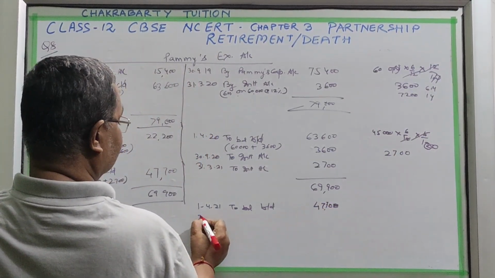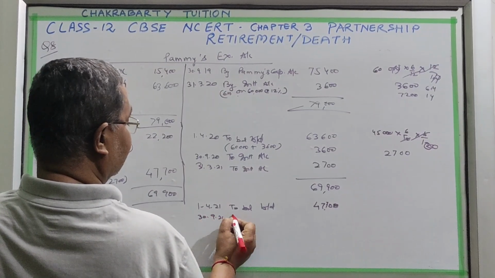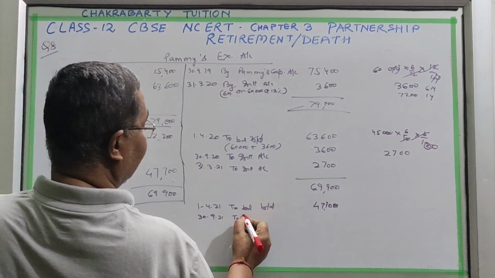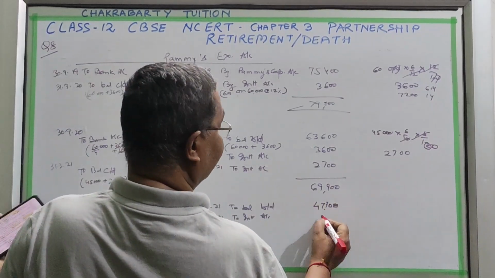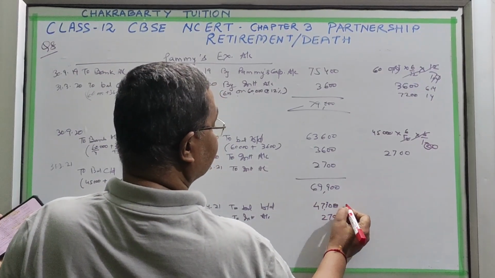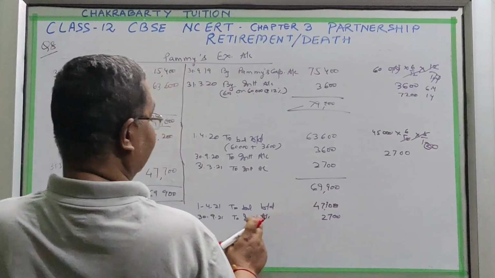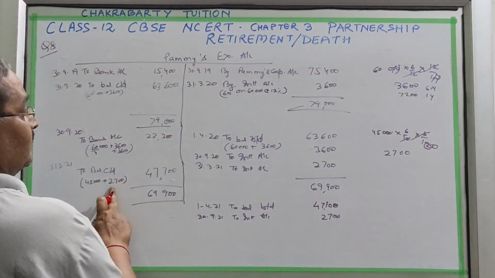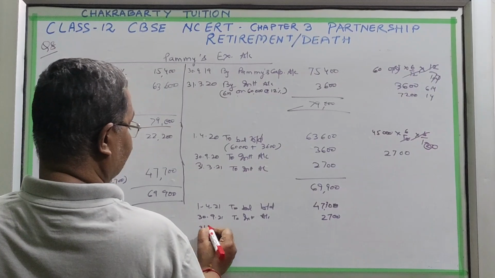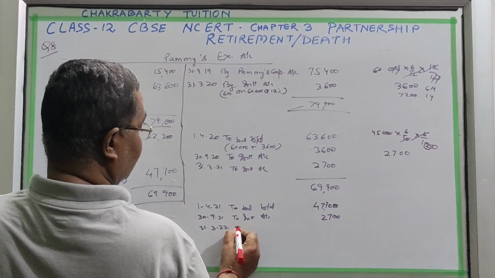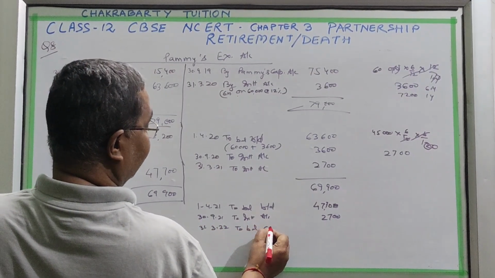Then on 31/3/21 again to interest, and to interest account it will come to 2,700. So this is 1 year. So 1 year interest is covered, the previous year and this year, so 1 year. And the rest is on 31/3/22 to balance carried down.